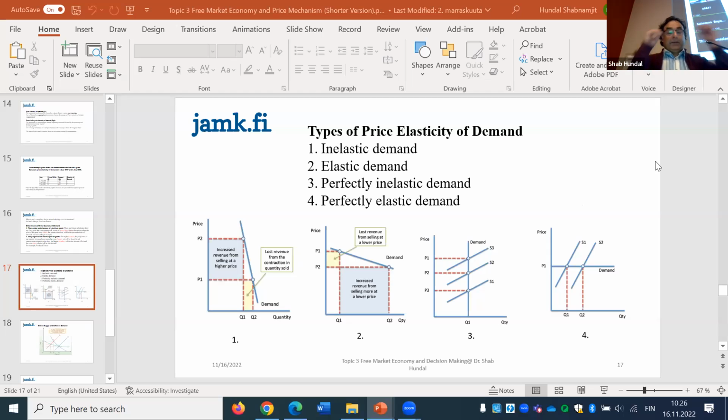You're right. We have three categories of items, commodities. The one is, I would say, necessities, as somebody said, essentials. Most of the essential goods, their consumer reaction to the price change is like this.